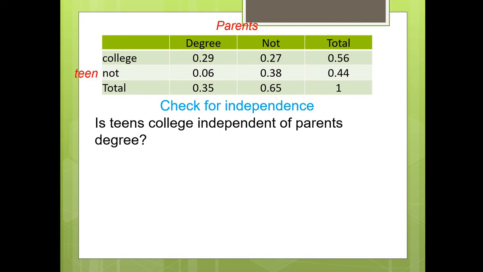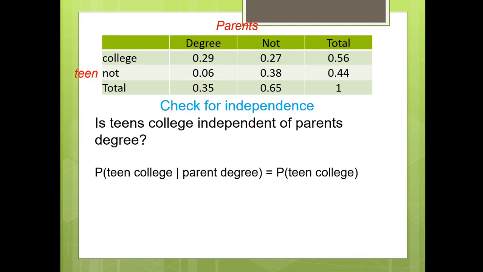And then we could check for independence like I was talking about. If we want to know if two things are independent, is the probability that a teen attends college given their parent has the degree equal to the probability of a teen attending college right out of high school?